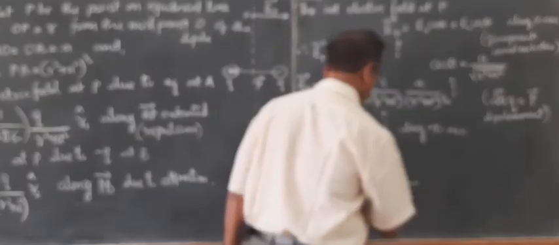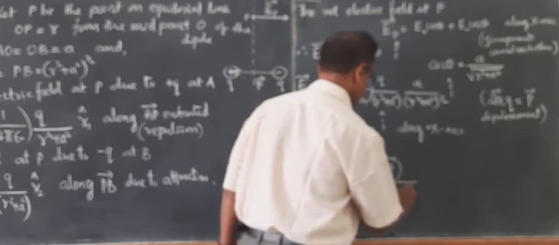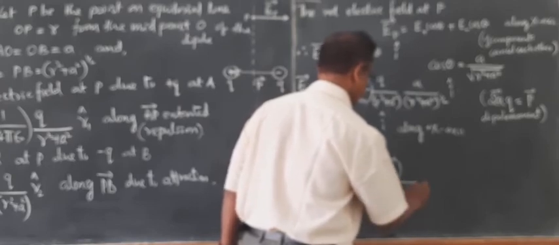Therefore, it becomes r square plus a square raised to 3 by 2.